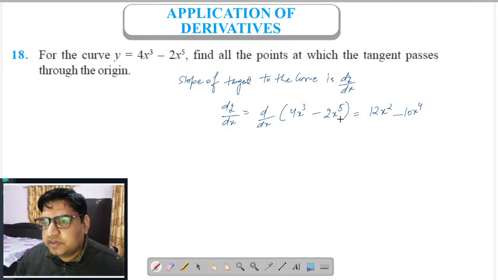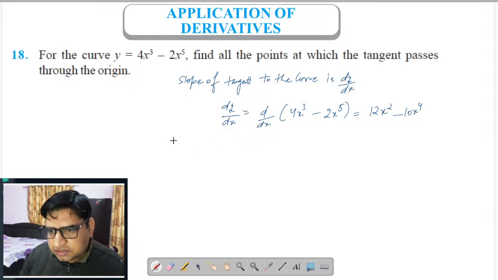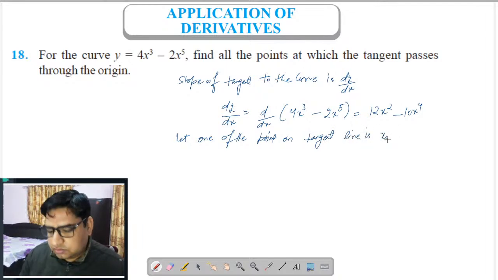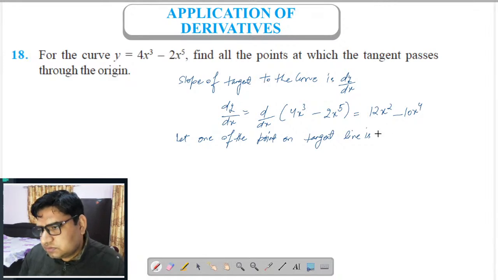Okay, so let us assume one of the points on the curve, so let one of the points on the tangent line be x and y.